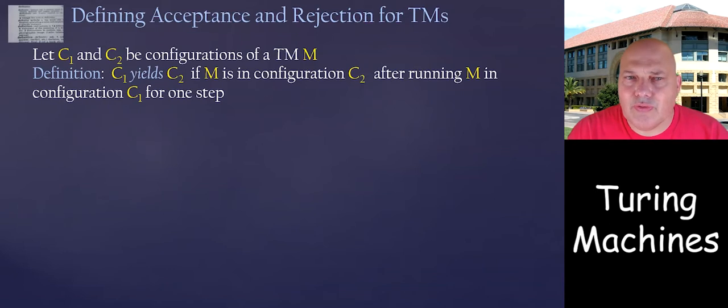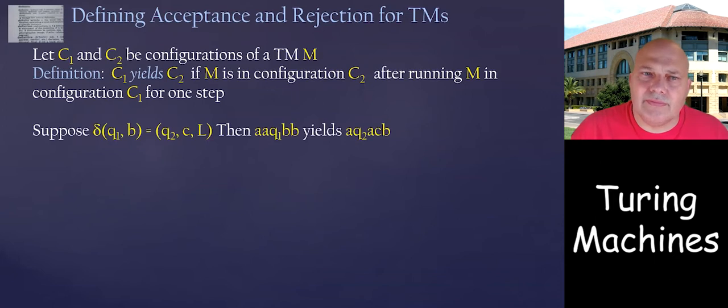If we have a configuration C1 and C2 of a Turing machine M, we will define that C1 yields C2 if M, when it's in configuration C1, will move to configuration C2 in one step. So from C1, in one step, you're moving to C2 by the operation of M. If you start M at C1, you're going to move to C2.